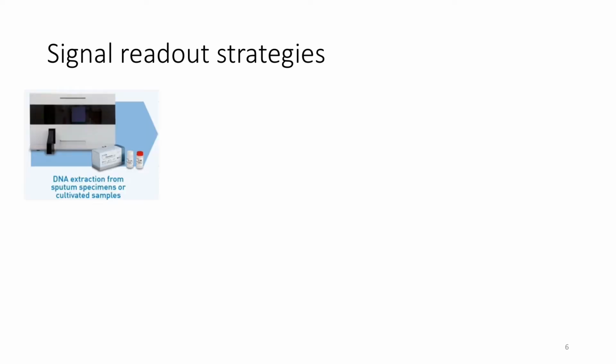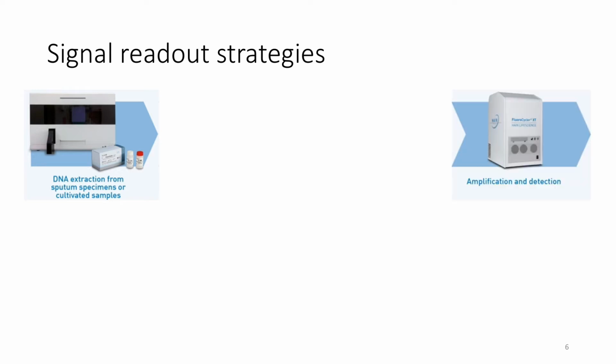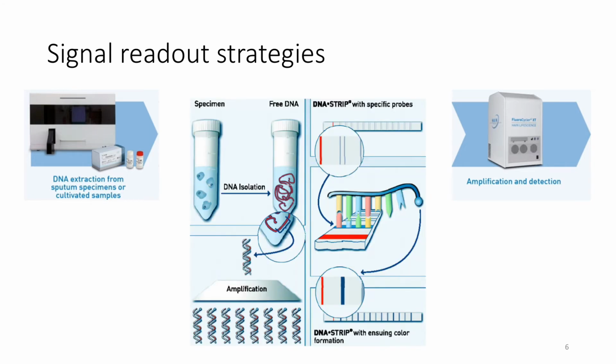Then another aspect while designing the biosensor is to think about signal readout strategy. And for the tuberculosis diagnostics, there is a strategy to detect binding event of amplified DNA with complementary probes immobilized on a paper stripe.